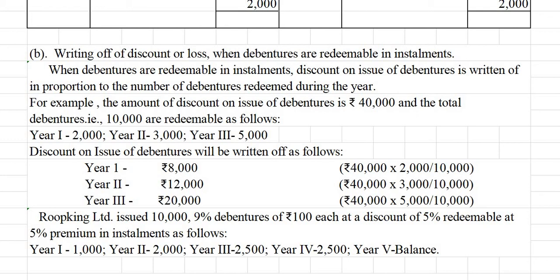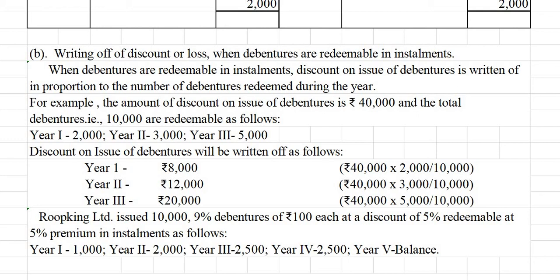At a discount of 5%, so 10 lakh into 5%, that means 50,000 rupees is the discount.